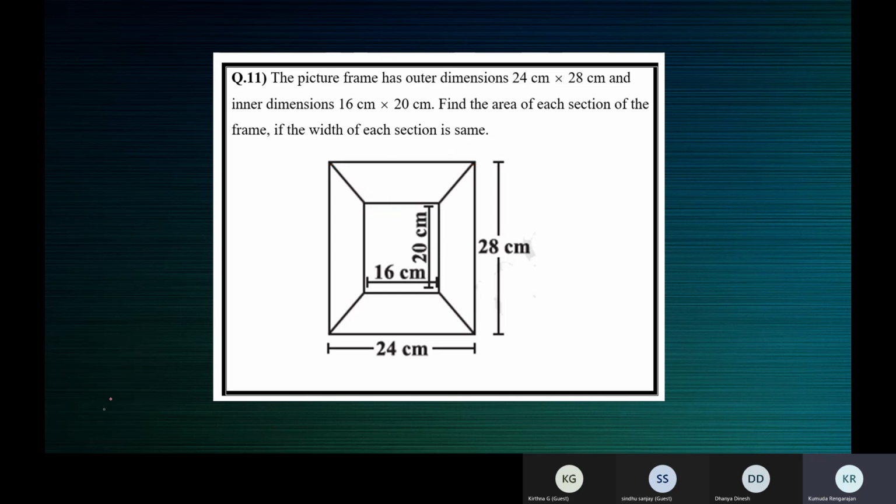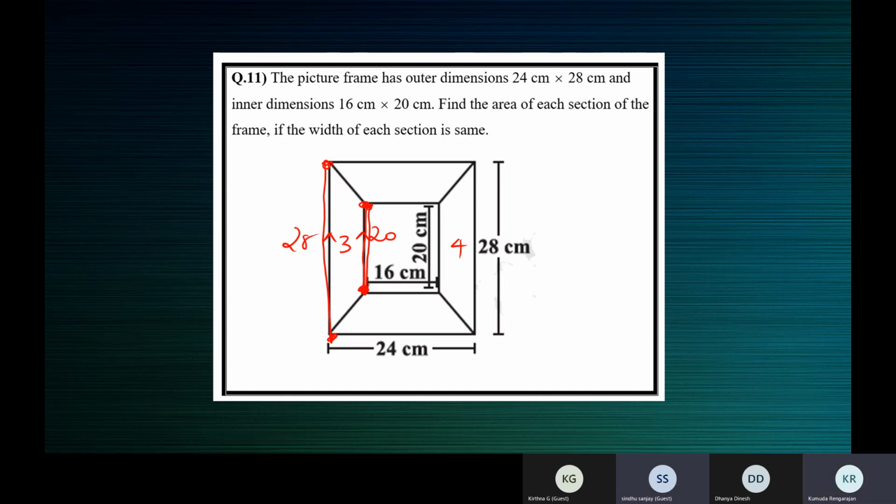Now let's talk about the dimensions of the frames 3 and 4. These are the parallel sides. What's the length of this side? 20 centimeter, ma'am. How much is this one? 28, ma'am.